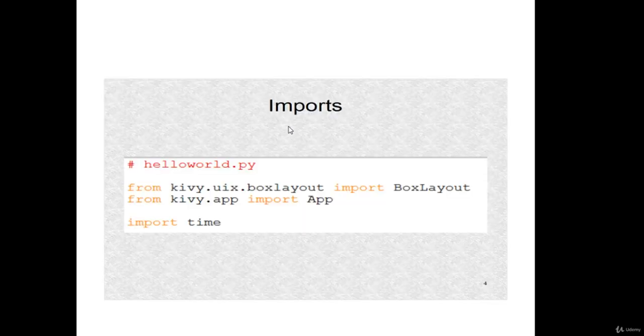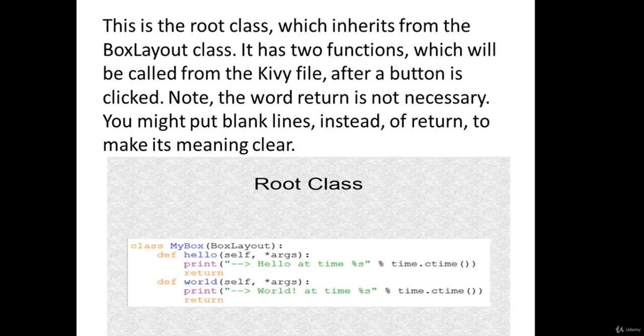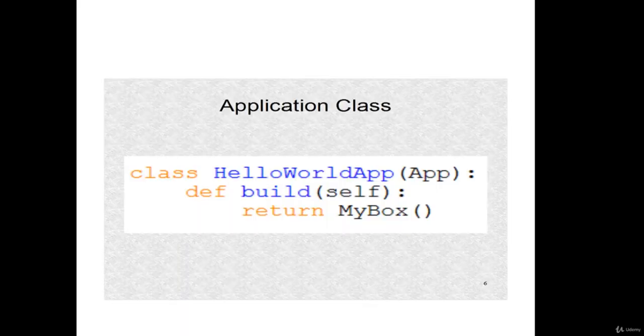First you start with importing your modules, second you write your root class, and next is your application class. You have only the build method in your application class, and you return your main class or root class over here, which is my box.